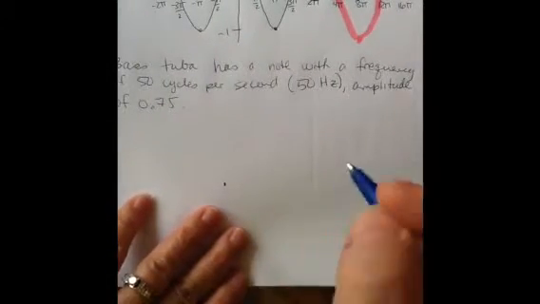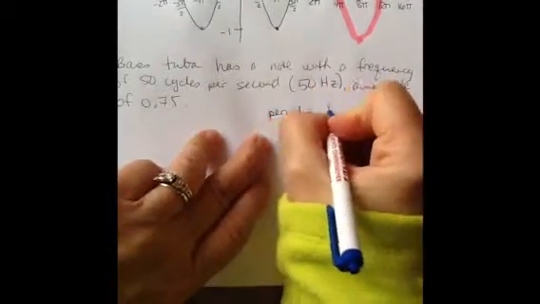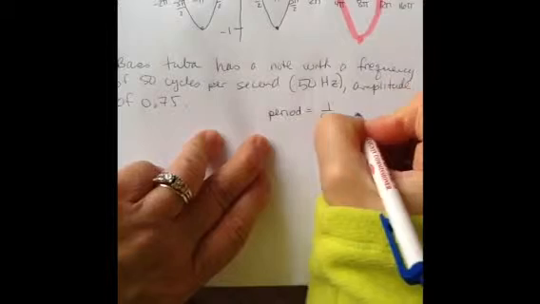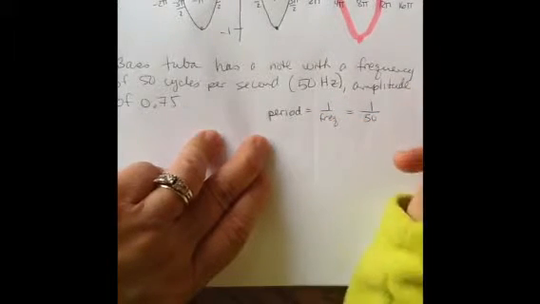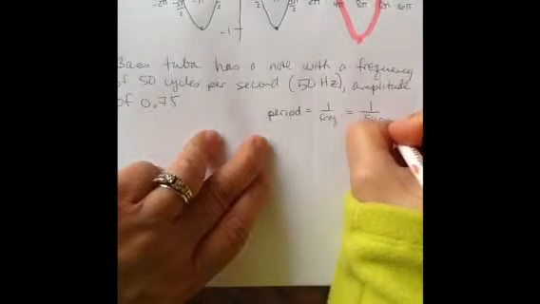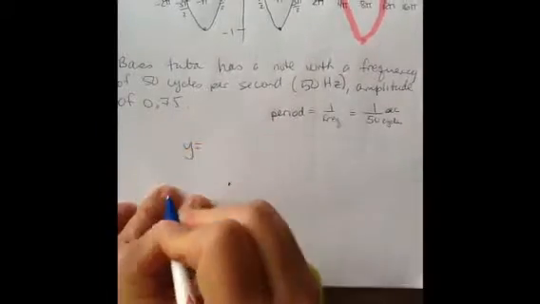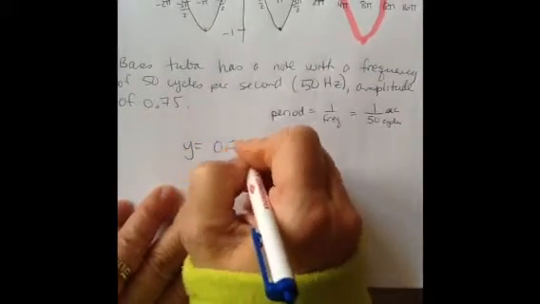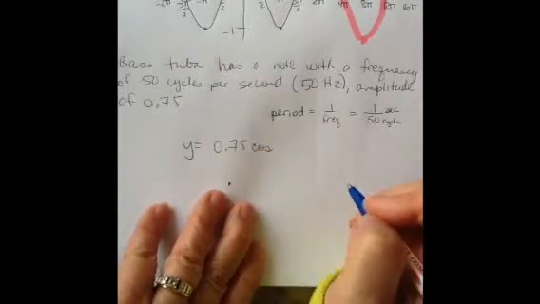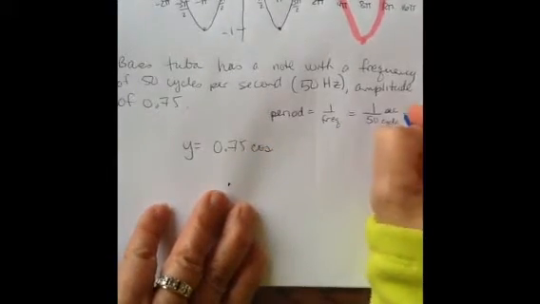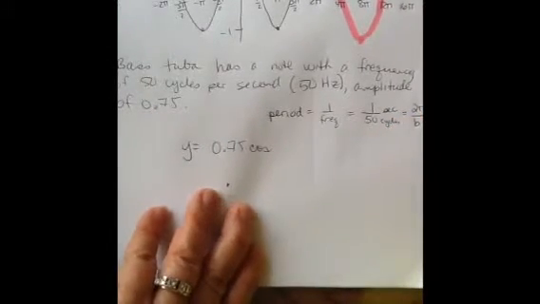So what I want to do is a period is 1 over the frequency. So I'm going to say 1 over 50 cycles in a second. So cycles per second. Now y equals 0.75 cosine, and I've got to find how to change this to 2 pi over b, and I have to solve for b.